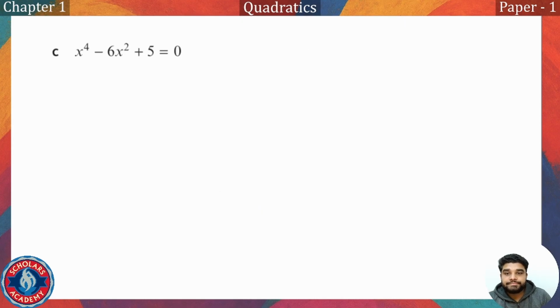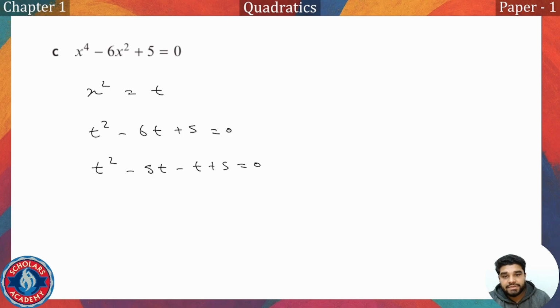I can take x square as t, substituting this, t square minus 6t plus 5 is equal to 0. Simplifying this quadratic equation, I get t square minus 5t minus t plus 5 is equal to 0.